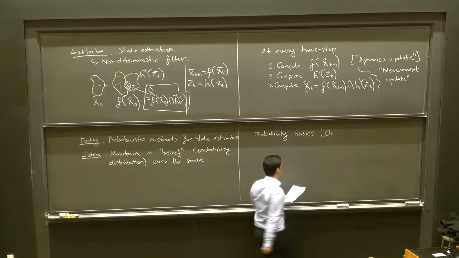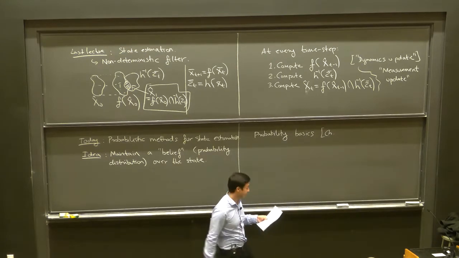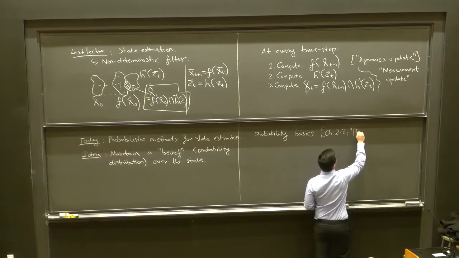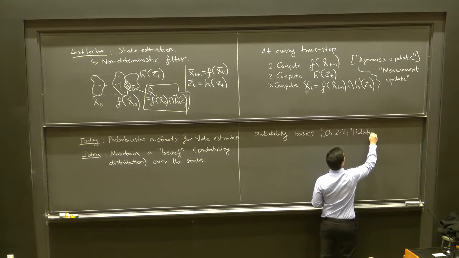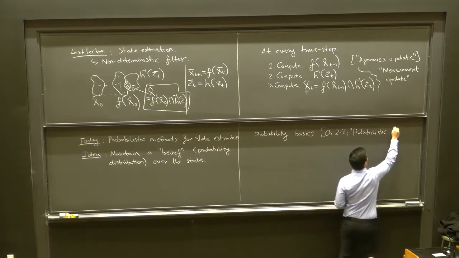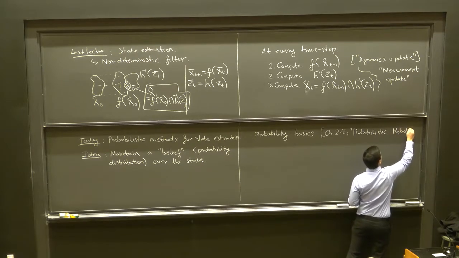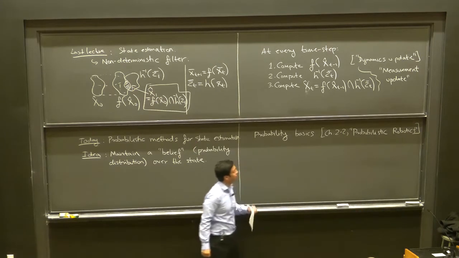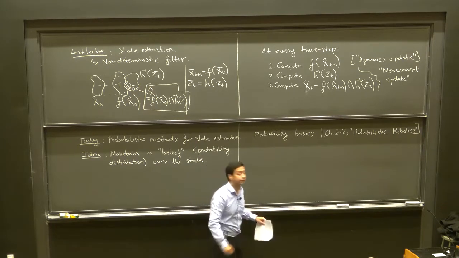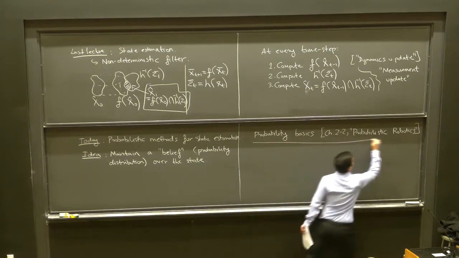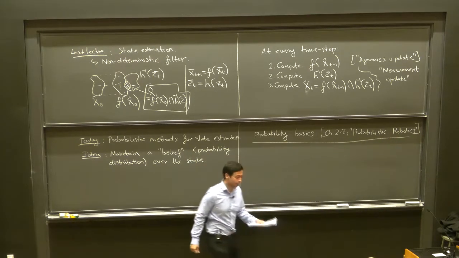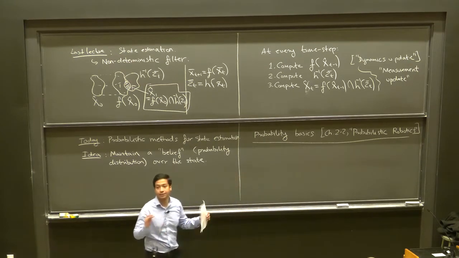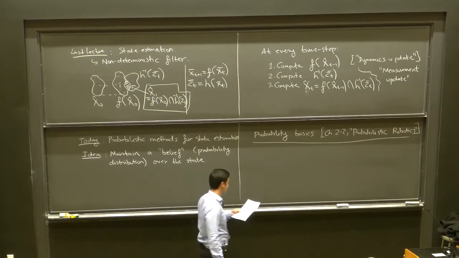A good reference for all of this material on probabilistic state estimation is the book Probabilistic Robotics. I linked to this book in the slides in the very first lecture, and I think it's referenced in the syllabus as well, so you should be able to find it. Chapter 2.2 in this book has a pretty nice recap of these probability basics.